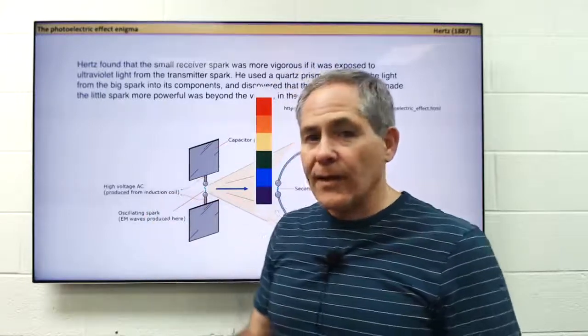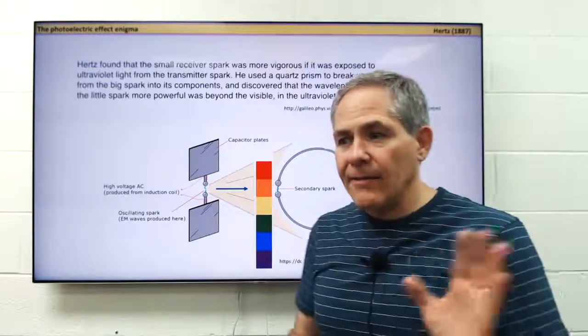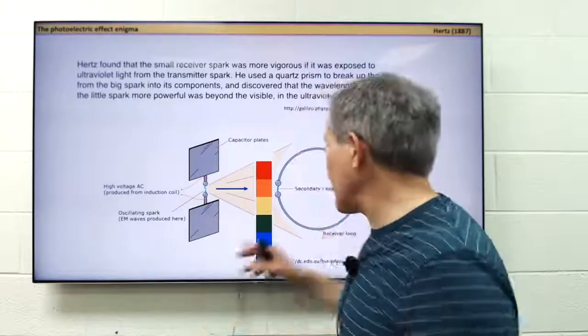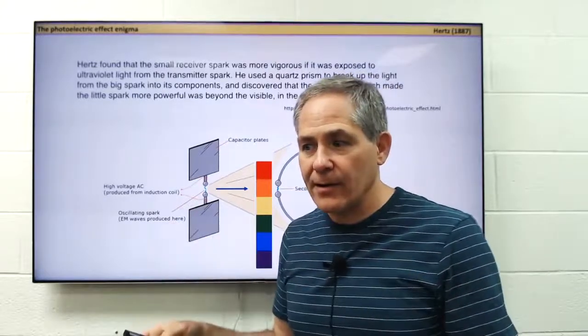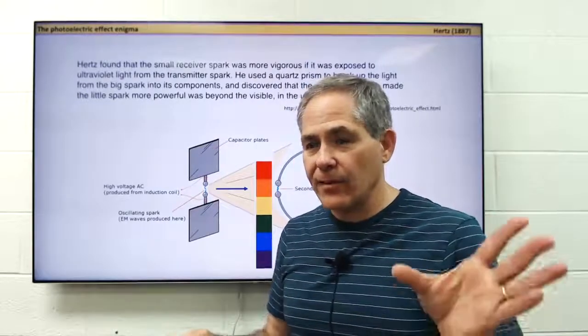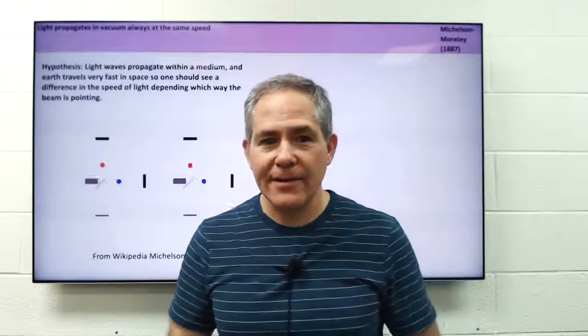So he did that experiment. He looked at different colors, and he found that when he had the UV shining on here, there would be a much stronger receiver spark. He had no idea why. It would take a very smart person to figure it out in 1905. So that's the photoelectric effect.